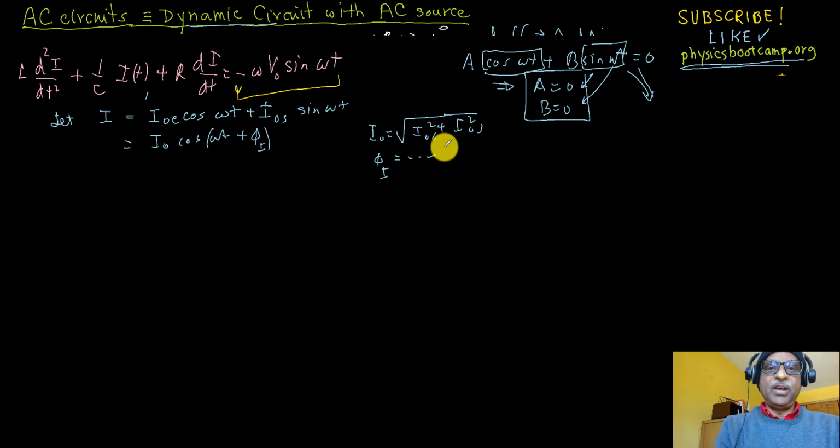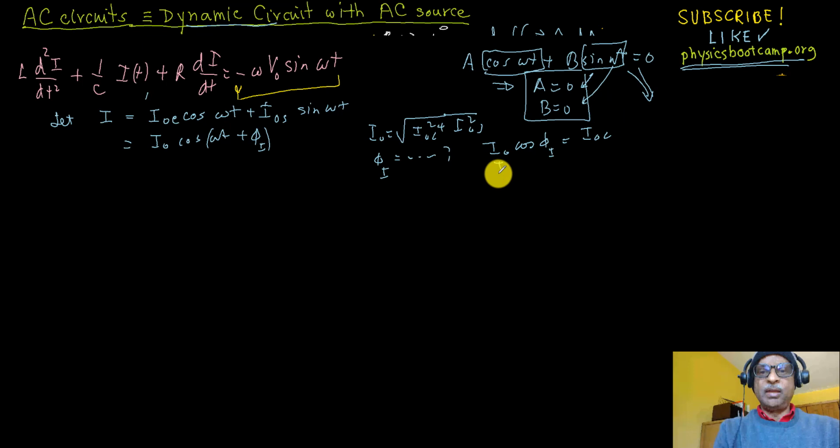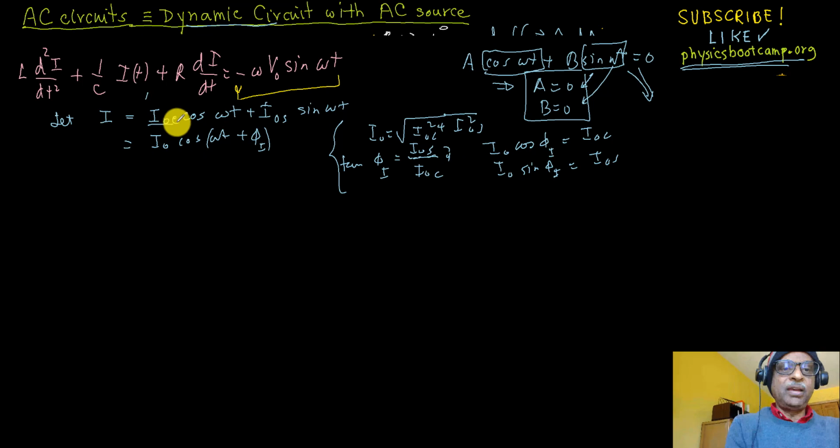Phi will be obtained by just looking at I0 cosine phi I equal to I0c, and I0 sine phi I equal to I0s, and you can take a tangent of phi. It's just going to be I0s over I0c. So I can get those if I can find these guys, right?